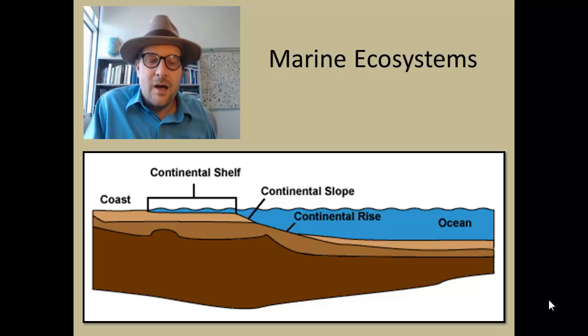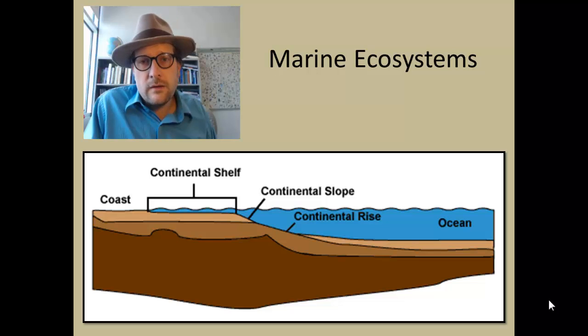And we can divide up this transitional zone into the coastline, the continental shelf, which is a shallow ocean that sits on top of the continent, the continental slope, which drops off from the continental shelf, the continental rise, and then the open ocean.